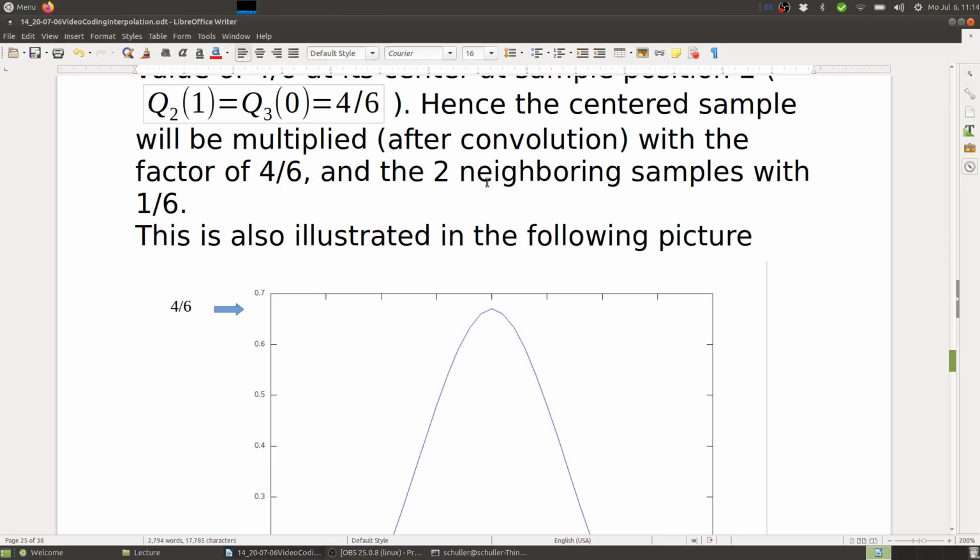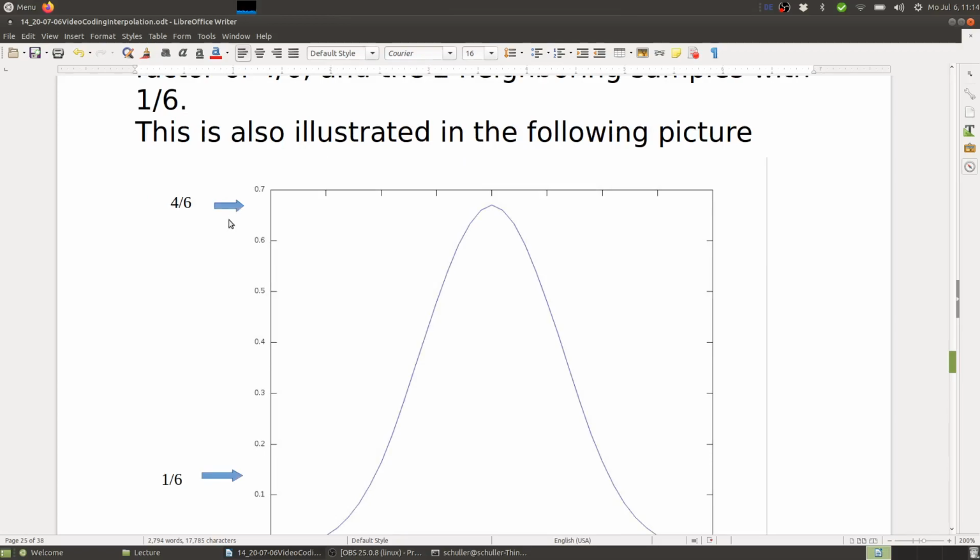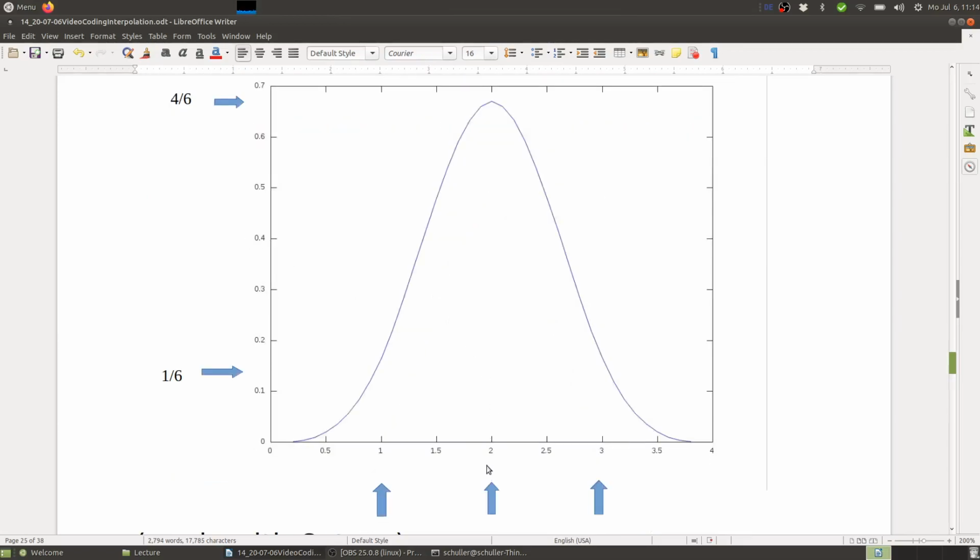And we also get the two neighboring samples with a factor of 1/6. So this is illustrated in this picture here. In the center, we have this value of 4/6 or 2/3, and in the neighboring interval boundaries, we get 1/6. So basically, these are the contributions of the neighboring pixel values.